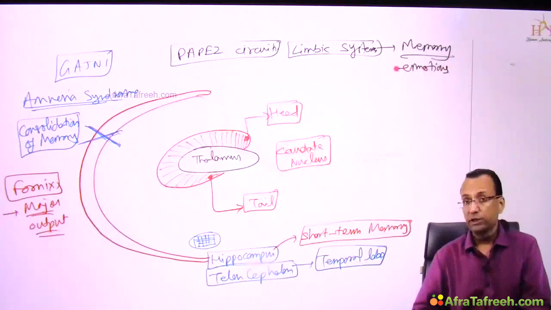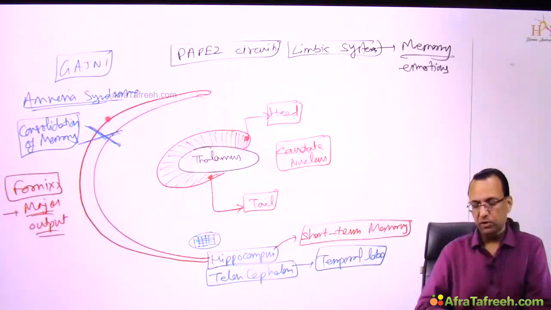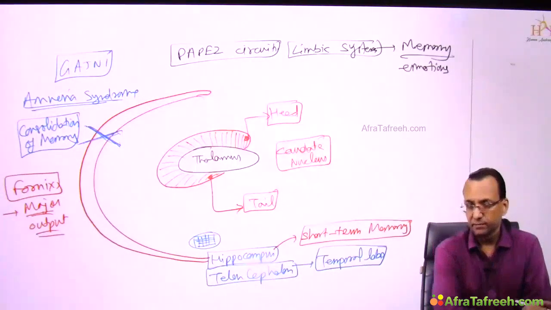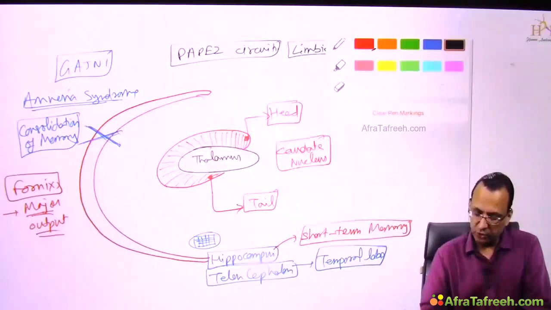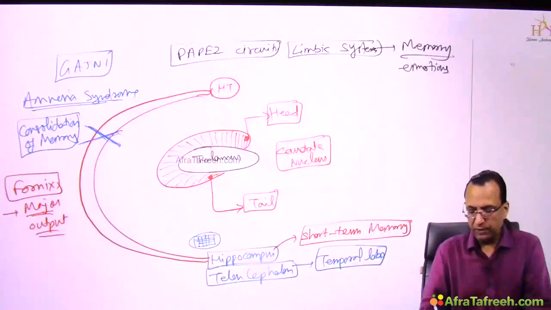But the point is, when hippocampus is sending information via the fornix, where is the information going? It is a circuit. It must complete. It is sending the information towards the hypothalamus, which will then send it to the thalamus.